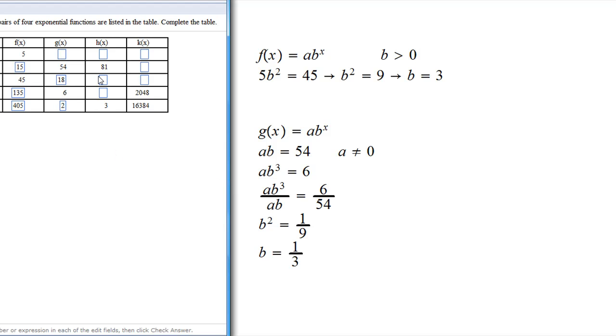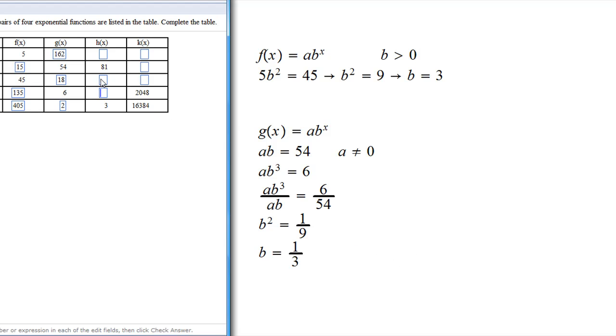Then 1/3 of 6 will be 2. Now going to this step here, every value has become a third of the previous value, so this is going to become 3 times the value. So we get 162.